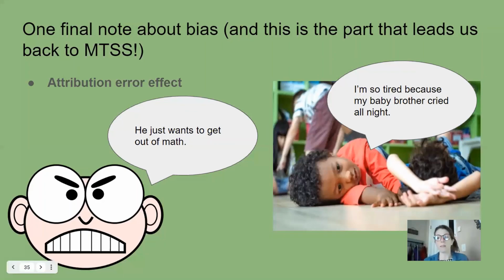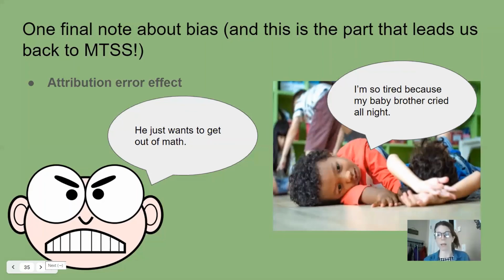So take that child that's flopping, for example. You might be like, well, he just wants to get out of math. He might be floppy because he's avoiding. And that could very well be true. I'm not saying that that doesn't happen. But you're putting in an external reason, the avoidance, or the attention that he's getting from it.